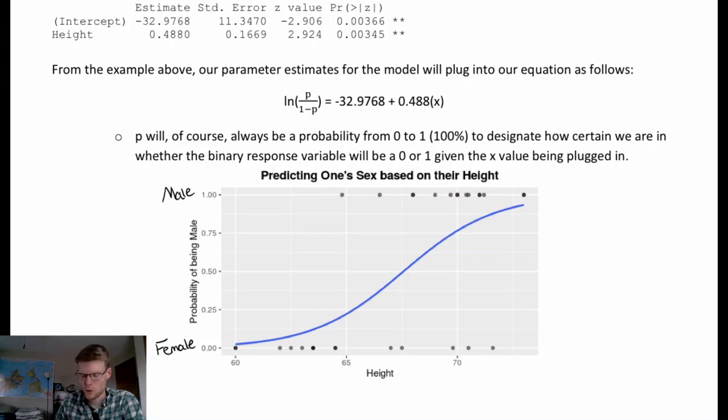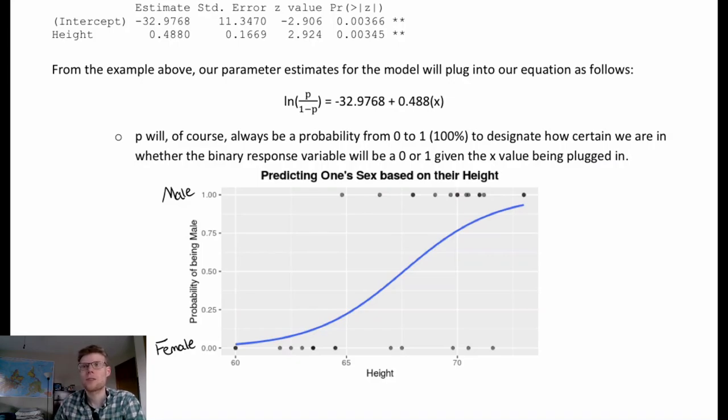So given a particular height, the position of this line is representing the likelihood of somebody being, in this case, biologically male, given that that is their height. It never quite reaches 0%, it never quite reaches 100%, but it is hovering between those two, asymptotically approaching 100% and asymptotically approaching 0% at either extreme of the range.